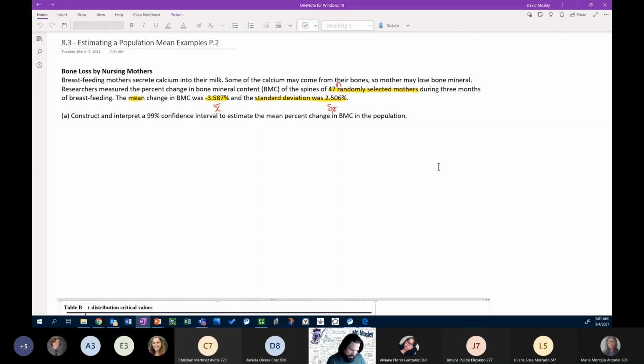Because we're being asked to construct and interpret, we use our 4-step process. So we start by stating.